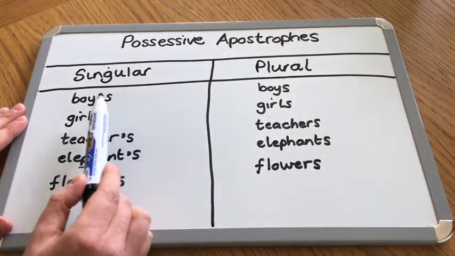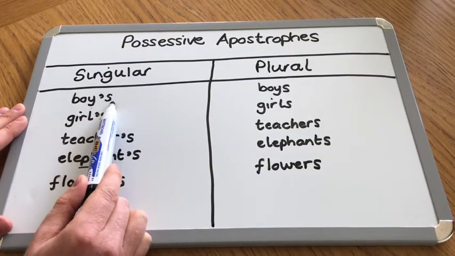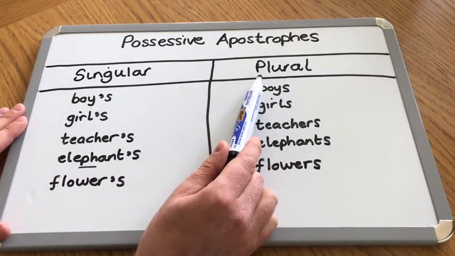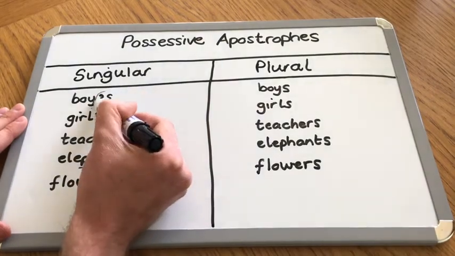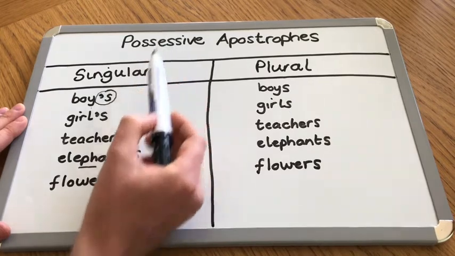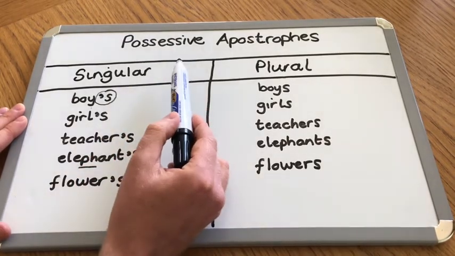Now the key thing to remember about this is the apostrophe with that S does not tell us they are plural. The apostrophe S is all about possession. So the S is not for more than one boy, it's because of the possession.